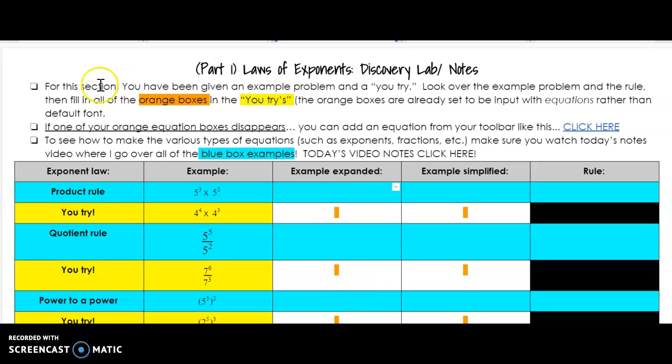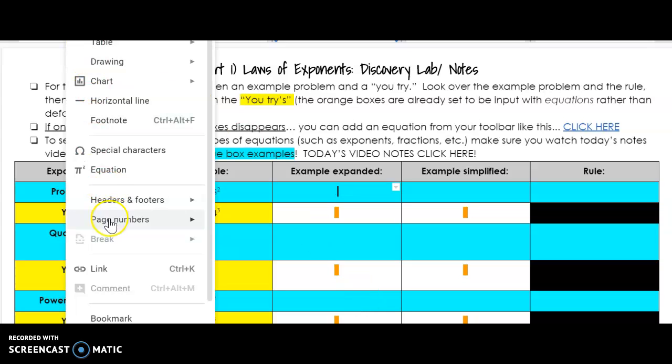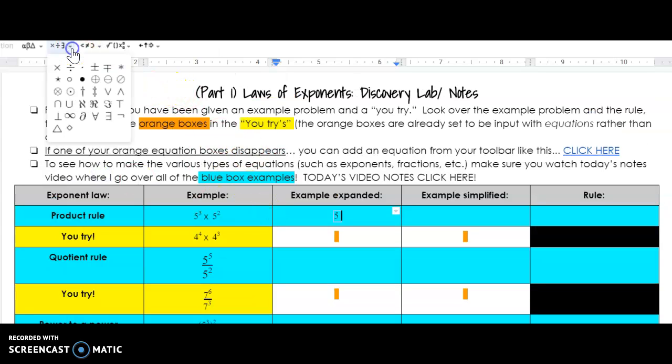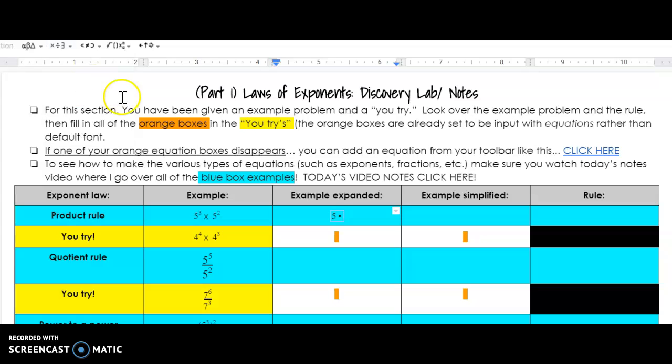I'm actually going to insert an equation to make it a little easier. So I'm going to do 5, and up here I like to use the dot for multiplication, times 5 times 5. So that's 5 to the third.